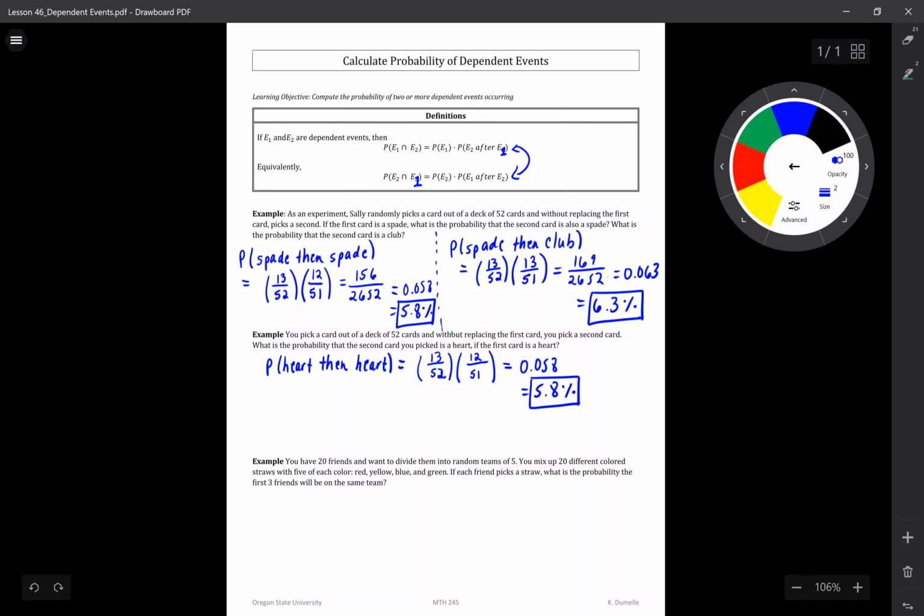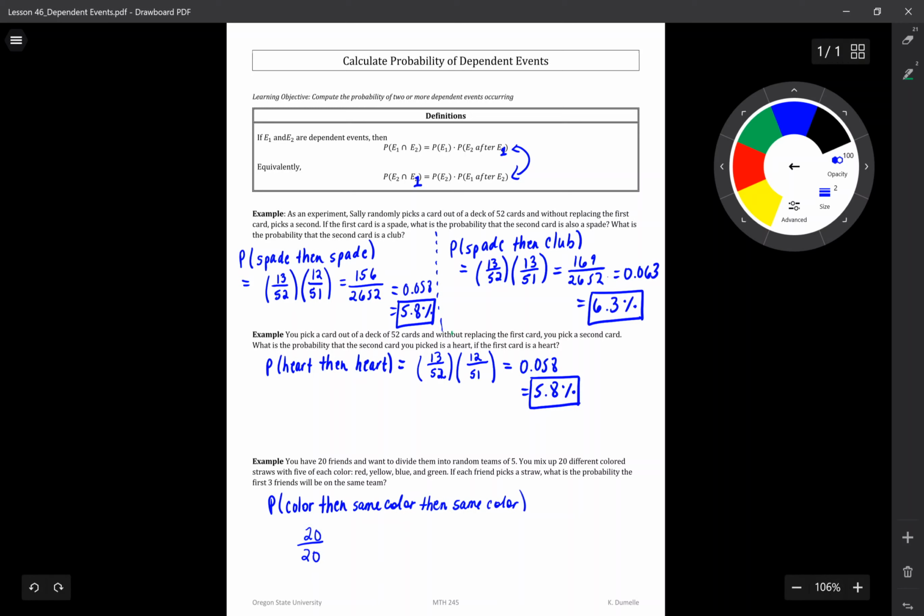So basically, I want the probability of a color, then same color, same color, then same color. So the first color does not matter. It could be any color, right? So the probability that I pick a color is 20 out of 20, right?